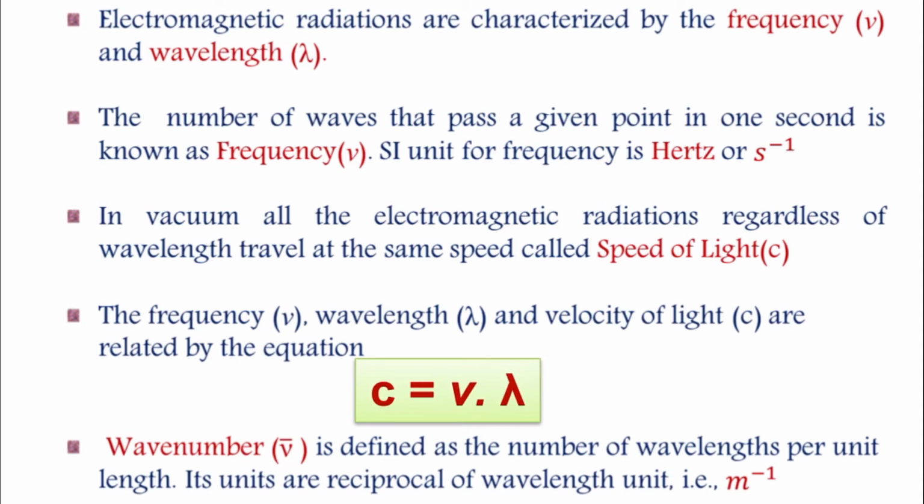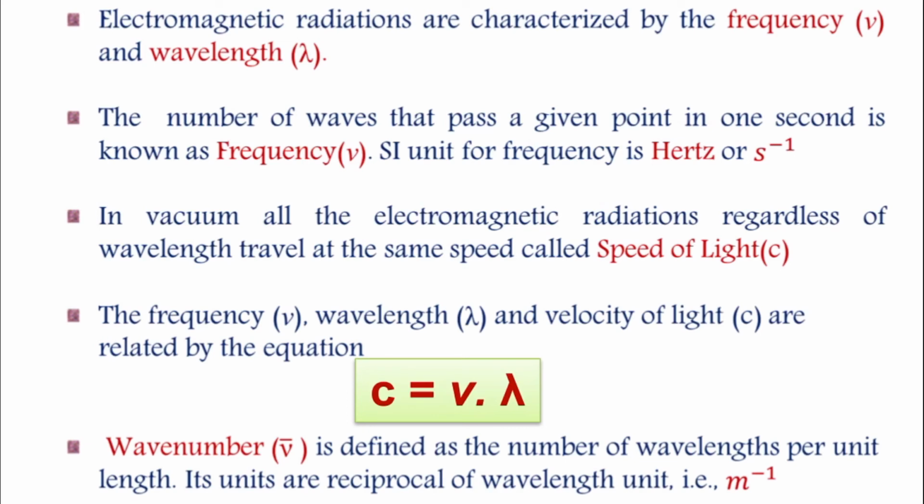In vacuum, all electromagnetic radiations, regardless of wavelength, travel at the same speed called the speed of light, expressed as c. The frequency nu, wavelength lambda and velocity of light c are related by the equation c is equal to nu into lambda. Finally, we have discussed wave number nu bar.